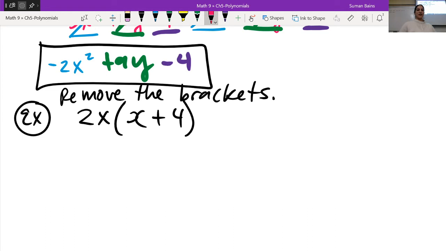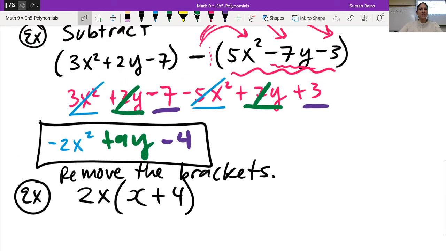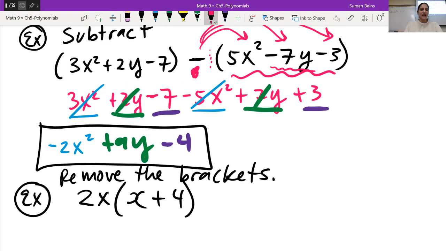Irina, I'm going to cut you off because you've answered a lot, but thank you. Anybody else? What do we need to do in order to get rid of the brackets? Distribute. So it's just like what we did in the last one where we distributed this negative here, but we need to distribute the 2x.